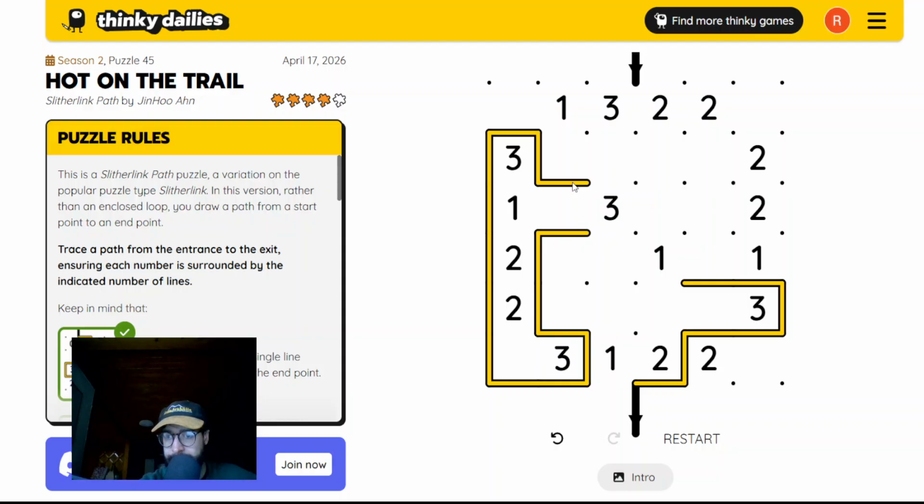The problem is that they come back together here. They come back together. Yeah, this 3 has to get 3. No, because I will cut myself there.